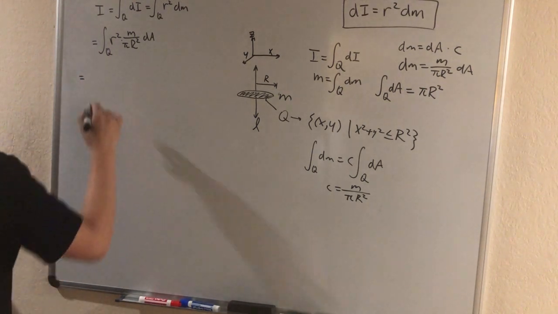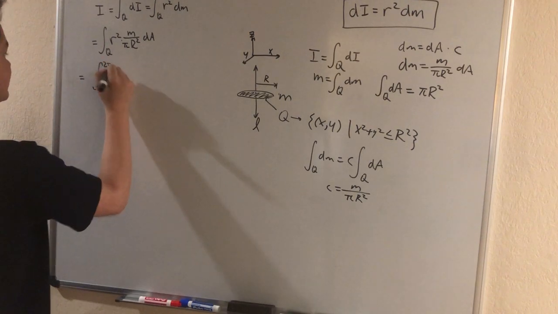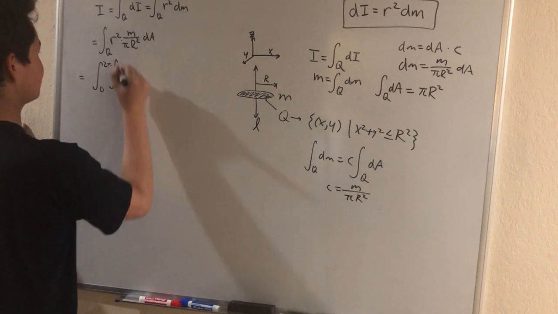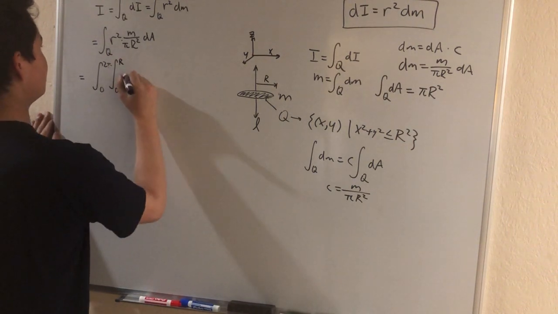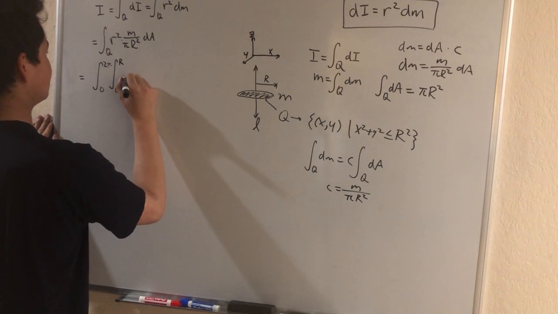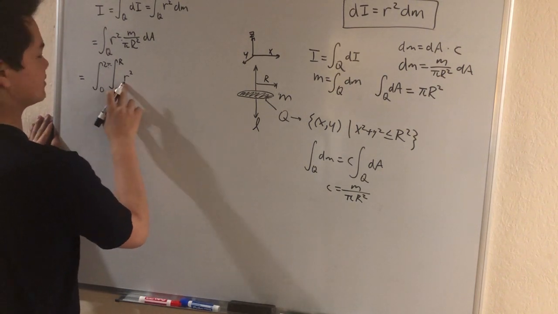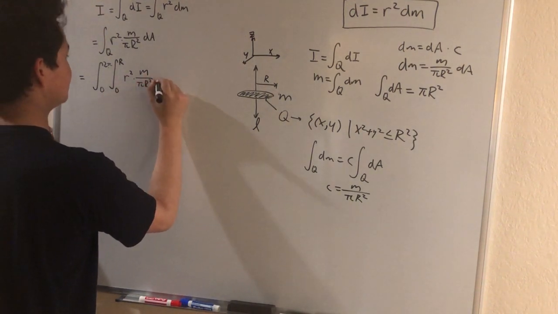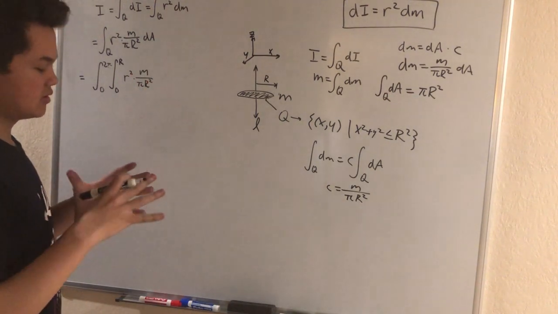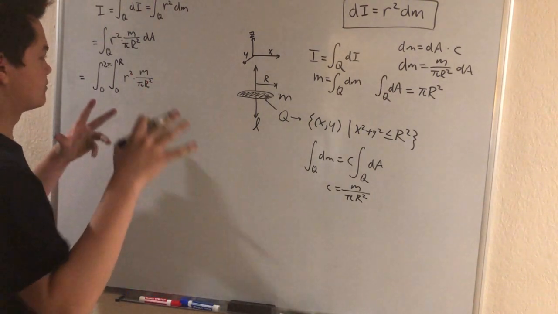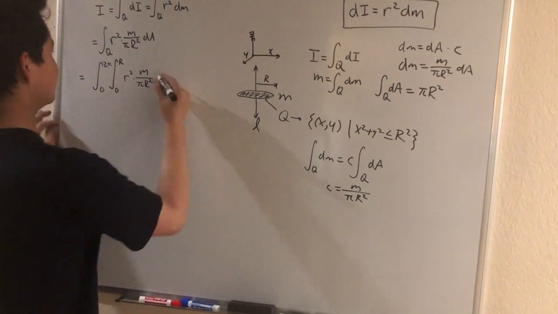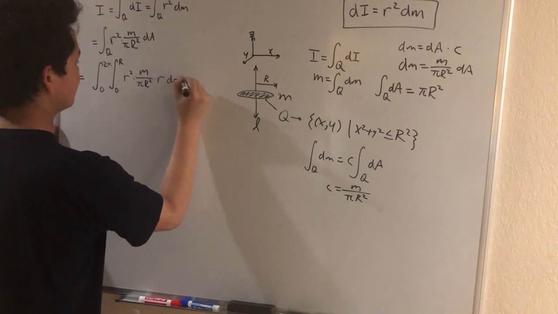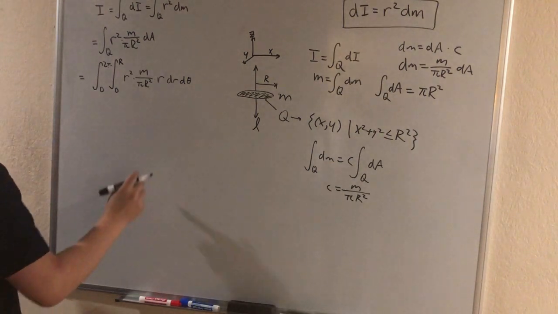We're integrating over a disk, so it's a complete circle: theta goes from 0 to 2 pi, and the radius r goes from 0 to R, and then we have r squared, the distance from the center, times m over pi R squared, times dA. Now, the Jacobian determinant of the transformation from rectangular coordinates to polar coordinates is of course r, so it's going to be times r dr d theta.